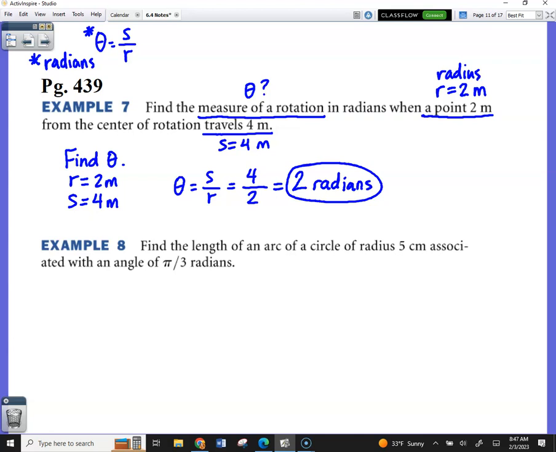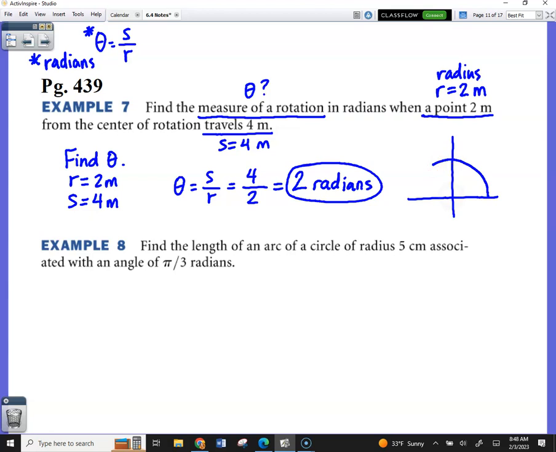Now let me give you a visual to understand what you just found. Because sometimes, I don't know about you, but for me, I do better to have like a visual in mind. So if we have this circle, right? 2 radians. Do you remember what 1 radian was about? About 57. So 2 is going to land me just outside of the 90, right? Okay, so you have this rotation going just outside of 90.